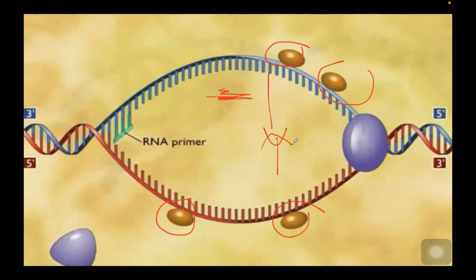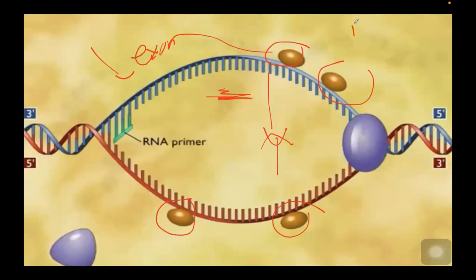So, ang purpose nila dyan, it will bind to the parental strand. It will prevent the parental strand for re-annealing or reconnecting with one another. And then, it will act as a barrier to protect the parental strand from exonucleases. So, may mga lalapit po kasi dyan na exonucleases na tinatawag natin. So, yun yung trabaho ni SSBP, single-stranded binding protein. Tatlo po yung kanilang main purpose.